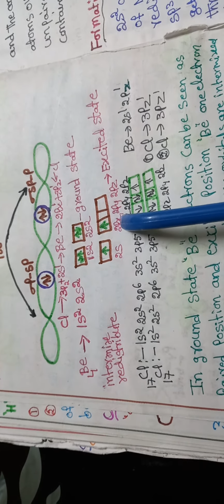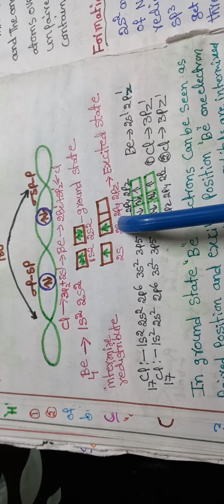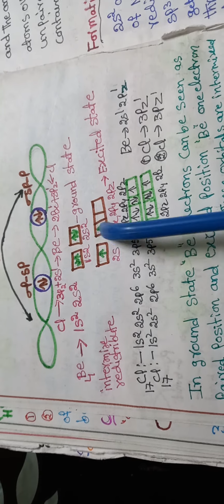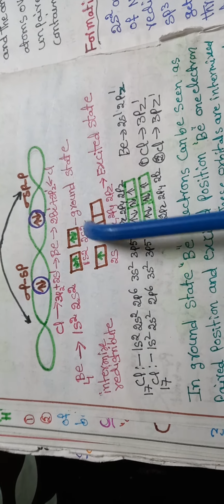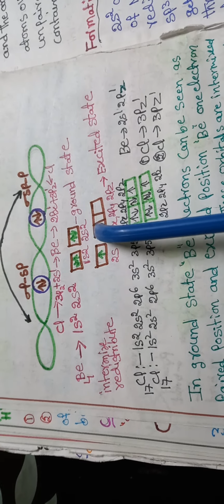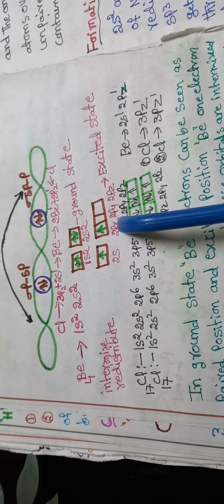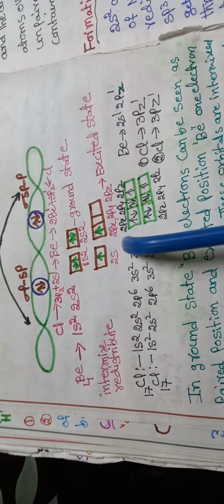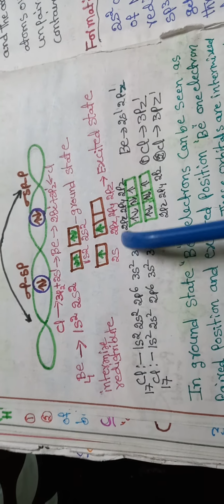After intermixing, when the electrons are redistributed into the orbitals, an electron from the 2s2 goes into the p orbital. So now the electrons are unpaired electrons.